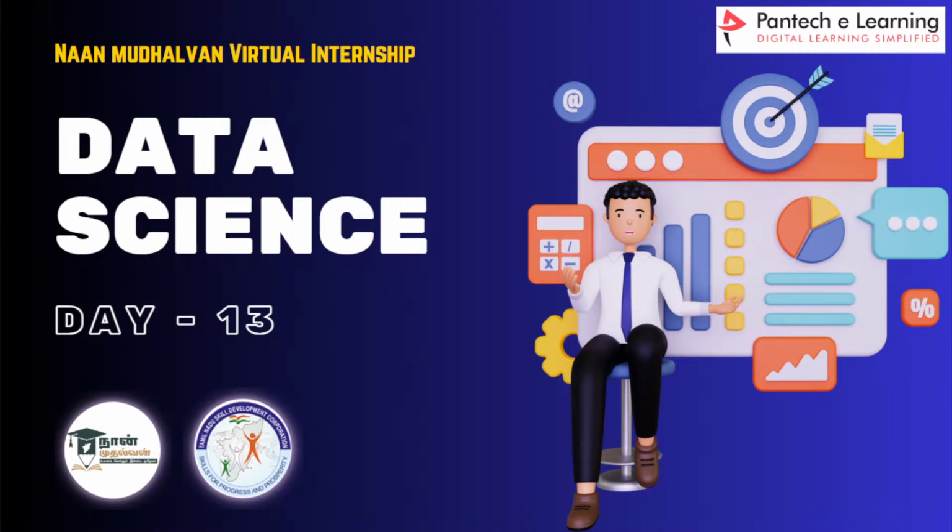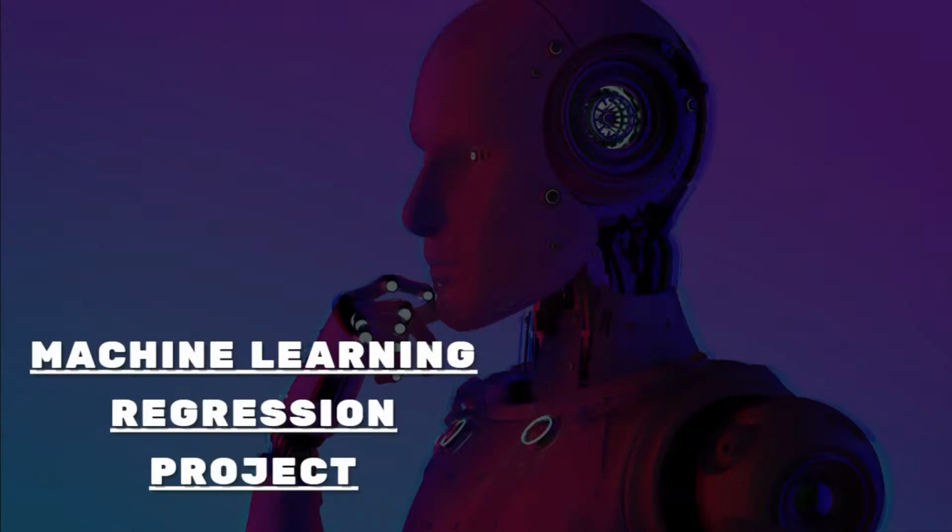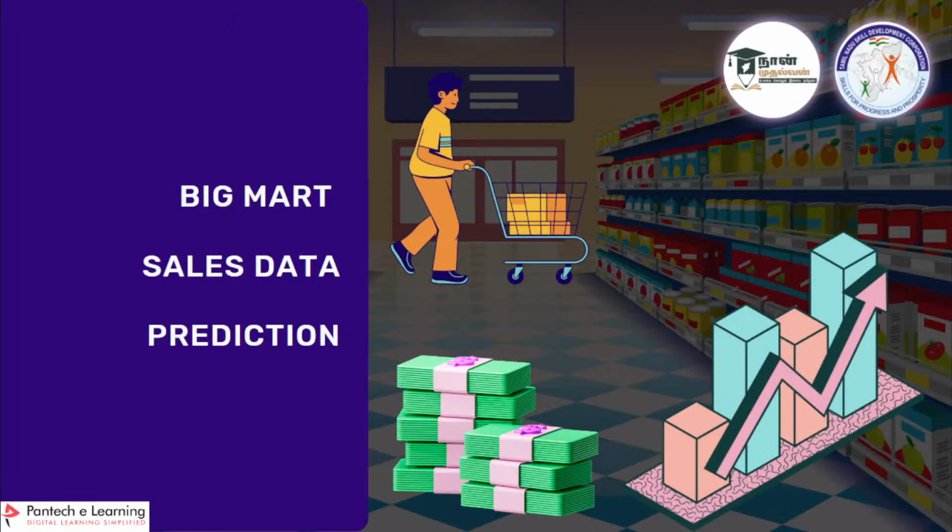Clear? So starting with the class, we are going to see a machine learning regression project, and it is Big Mart sales data prediction. Big Mart is some kind of commercial unit. They sell many kinds of products, and we are going to get their sales data and make predictions for them. The prediction is the sales.